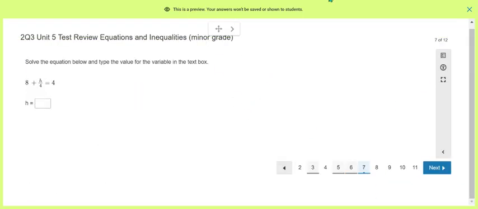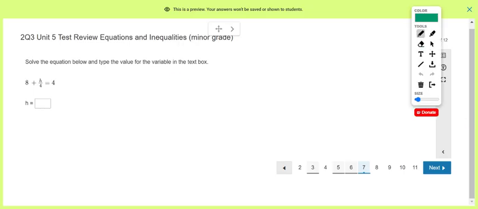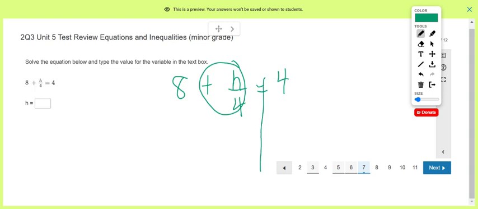All right, number 7, starting with writing down the equation and circling the variable term and the sign to the left. And then we have 8 on the left side, so we're going to remove the 8 by subtracting, and go on the right side and remove the 8.